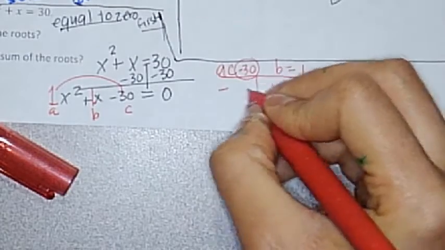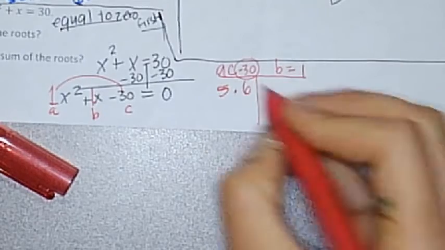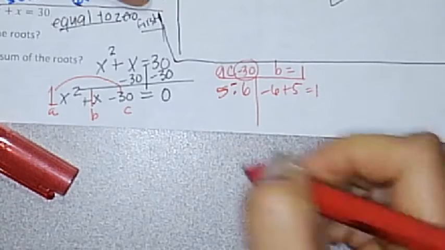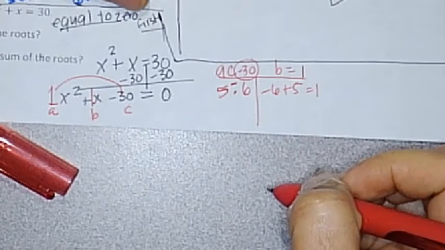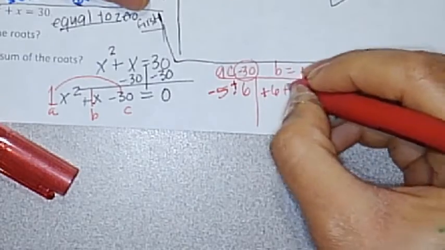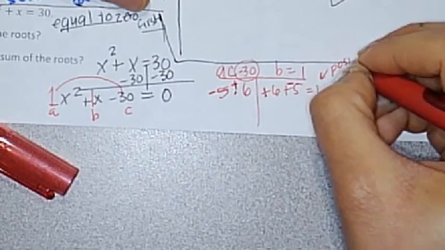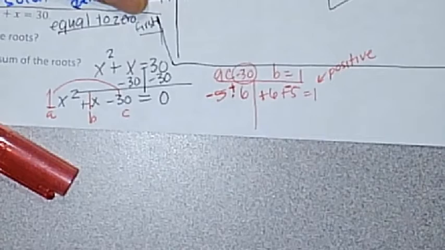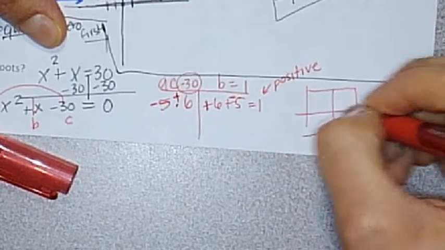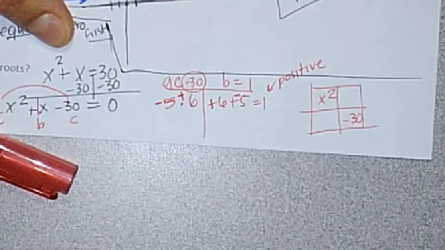So my factors would be 5 times 6, 6 being the negative, because negative 6 plus 5 equals 1. We need positive 1. So then my factors are going to be these right here.